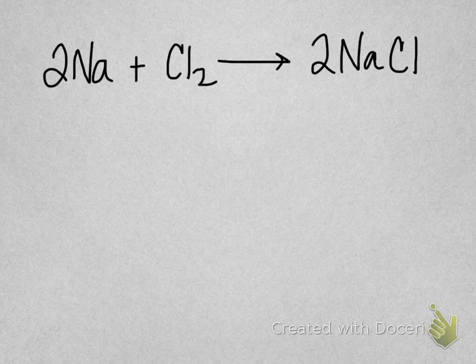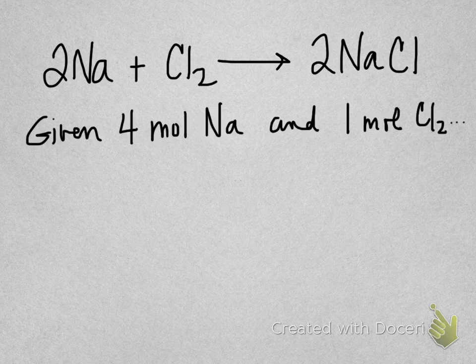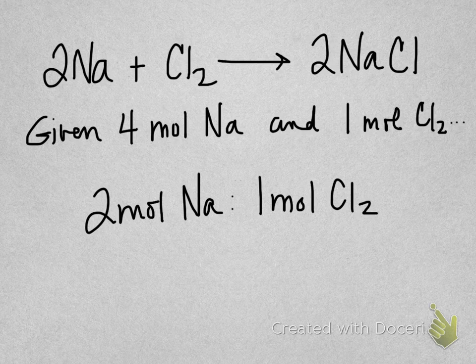Well, if I have 4 moles of sodium and 1 mole of chlorine, you can see intuitively, without doing any math, that I'm not going to use up all of that sodium. We'll do the heavy math later, but let's just talk about this conceptually. We know that for every 2 moles of sodium that react, we can fully react 1 mole of chlorine.